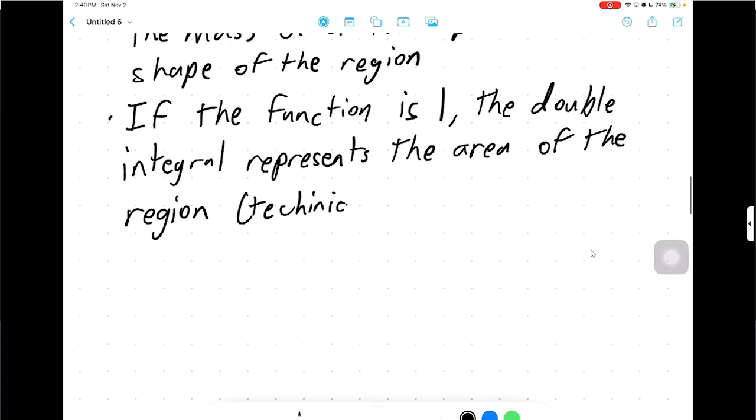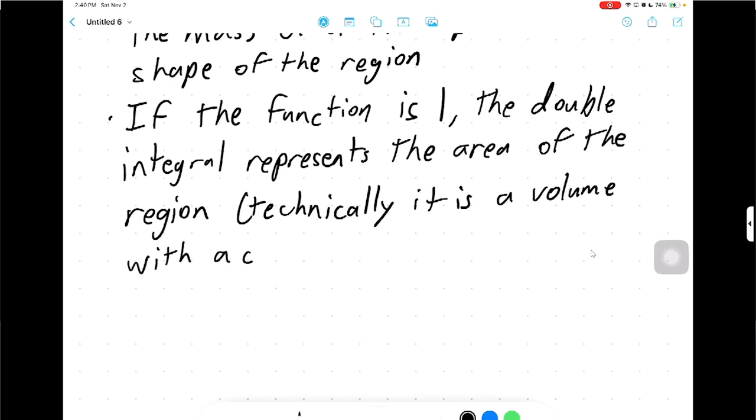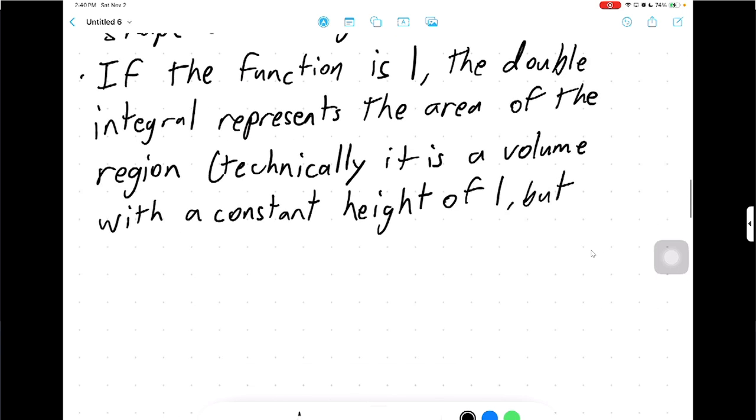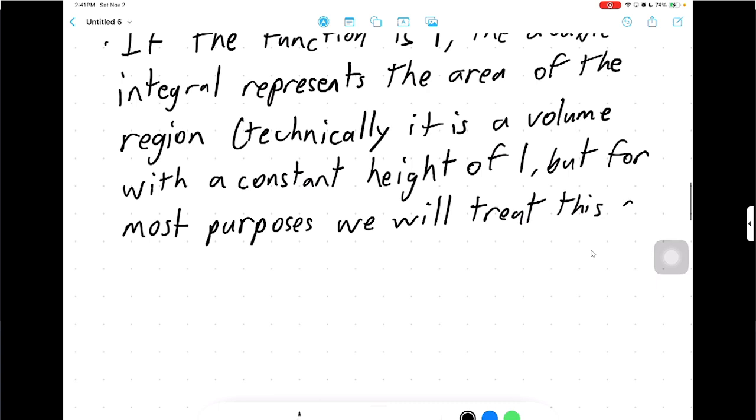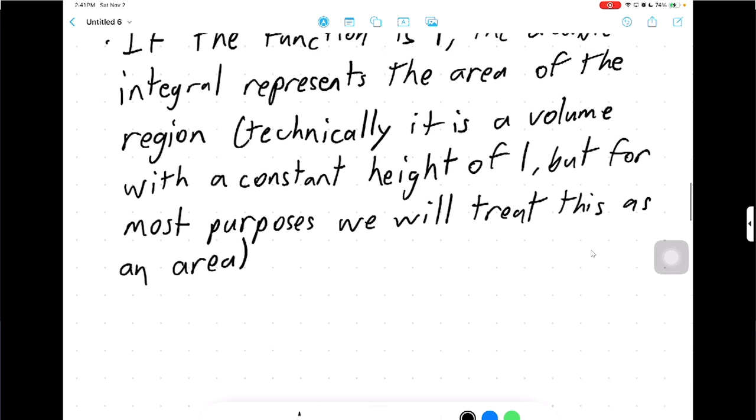Technically, it is a volume with a constant height of 1, but for most purposes we will treat this as an area. Good.